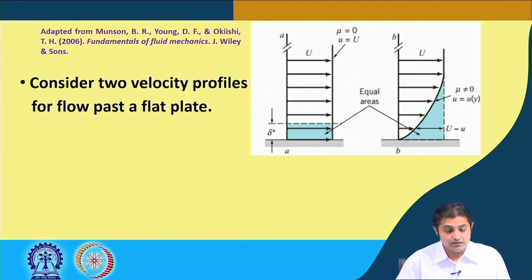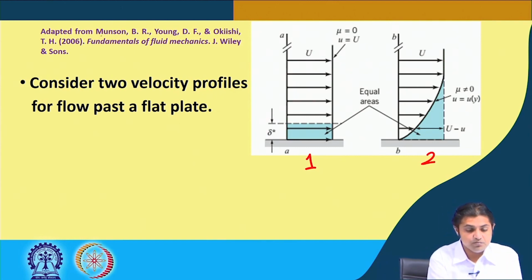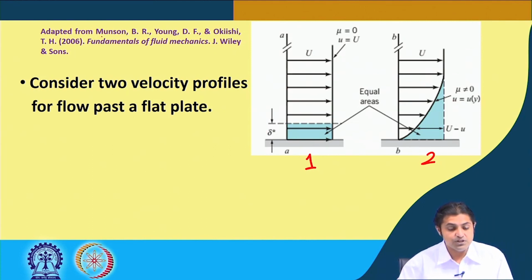So we consider two velocity profiles for flow past a flat plate. So this is the flat plate here. This is one velocity profile, this is 2, and both have equal areas. And this figure has been taken from Monson, Young and Okiishi, Fundamentals of Fluid Mechanics.